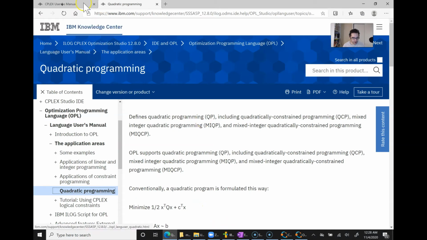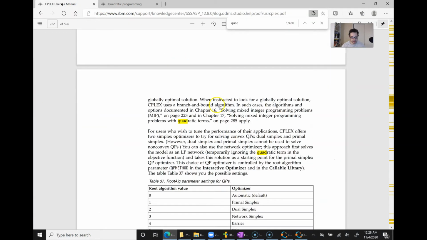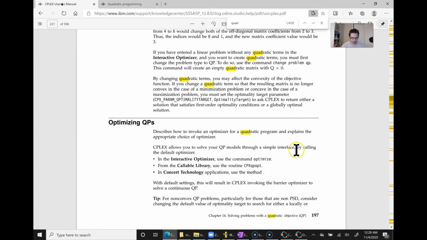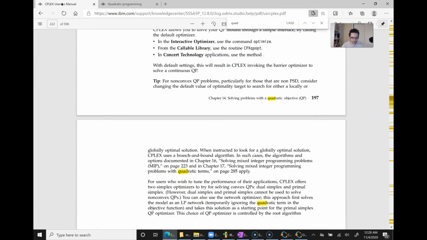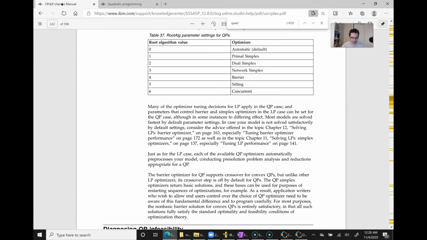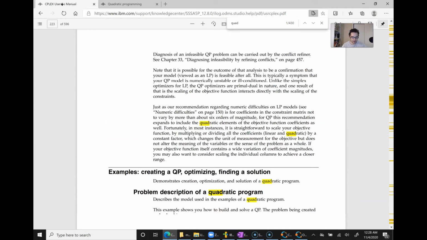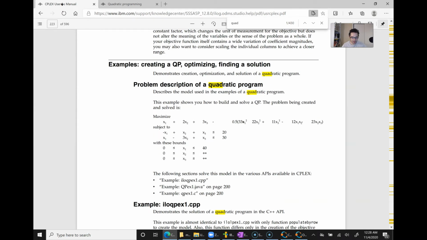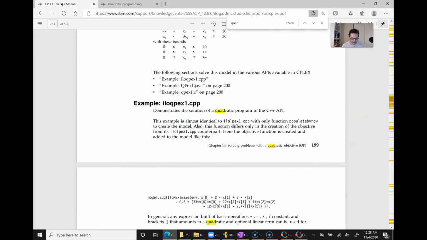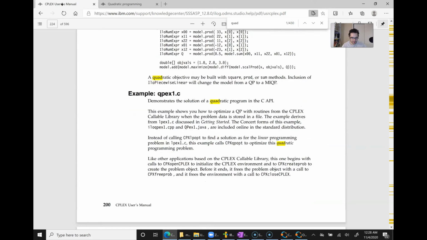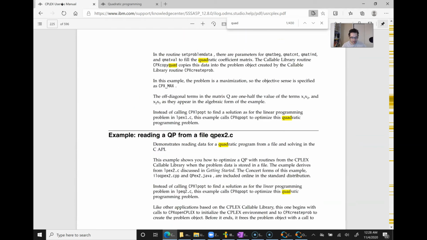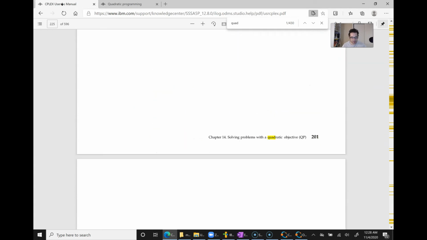Now, the issue that I have is that this user manual, I think I told you, it gives you instructions for everything except the tool that we're using, which I don't really understand why. So you can see here it looks like they're using the Optimization Studio, kind of, but not really. But they never actually have a real example. And so I think this is one of the biggest challenges with Cplex when you're using the Optimization Studio.